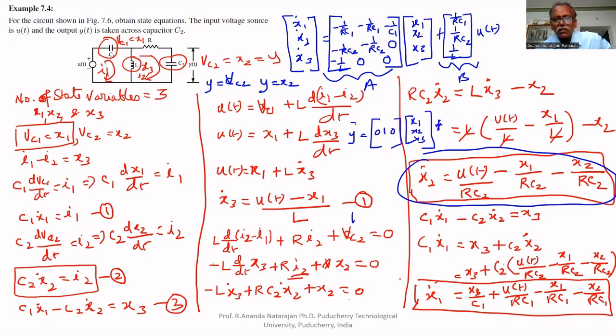That's all. This is the output matrix. The first one is the state matrix. That is x dot equal to Ax plus Bu. This is y equal to Cx, the output equation. That's all.